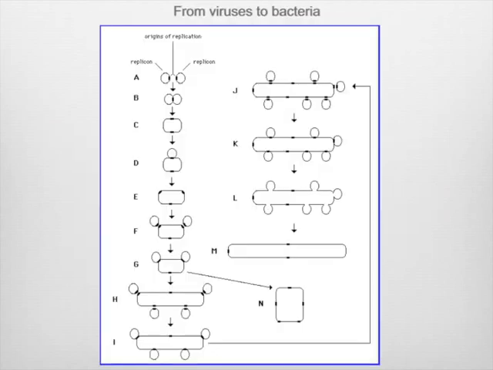Okay, we're going to use those processes that we've talked about earlier, those circular DNA fusions and attachments. We're going to use that to build a bacterial chromosome from viruses, or what we would call simple replicons. So when you look at A in this diagram, you see two little circles, the replicons, and the two little dark areas facing each other are the origins of replication, where DNA replication is initiated.